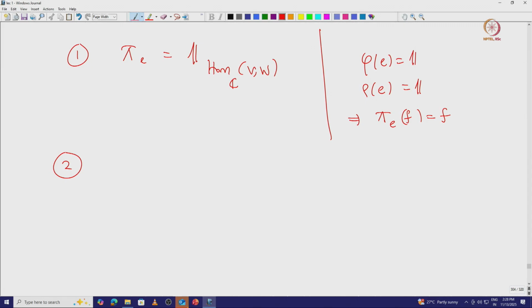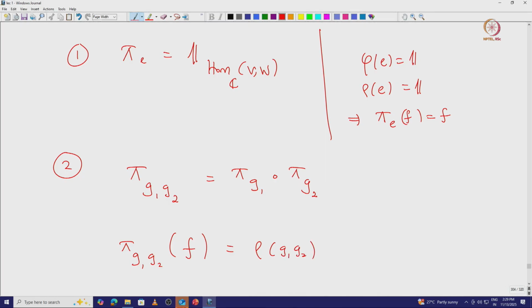What about the second? We need to verify that the composition of two maps gives us the composition of pi g1 and pi g2. To verify this, we need to check it on all elements of the Hom space. So let us compute pi g1 g2 of f. By definition this is rho of g1 g2 times f times phi of (g1 g2) inverse.